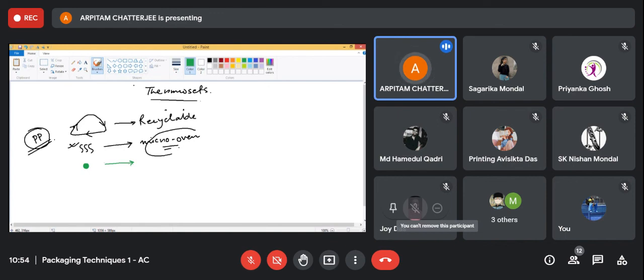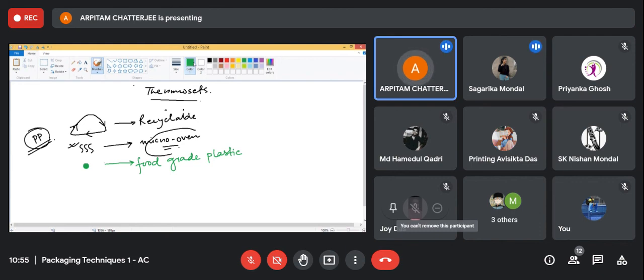Any idea what is meant? It indicates that it is a food grade plastic. That means this plastic you can use directly in contact with food. This food can be wrapped. Say, for example, if you see the burgers and hot dogs that you normally buy from different confectioneries, the wrapping plastic should be a food grade plastic.